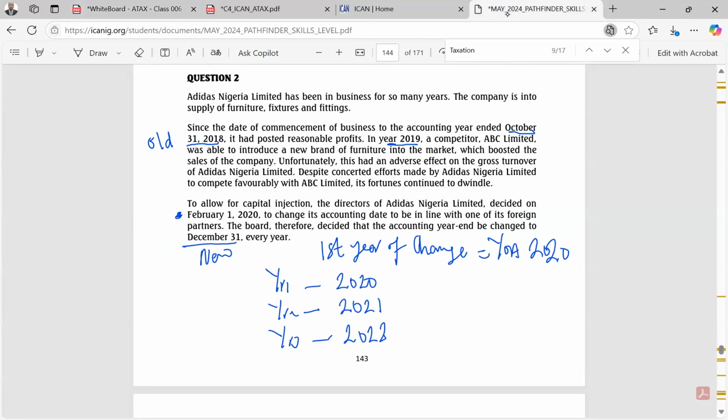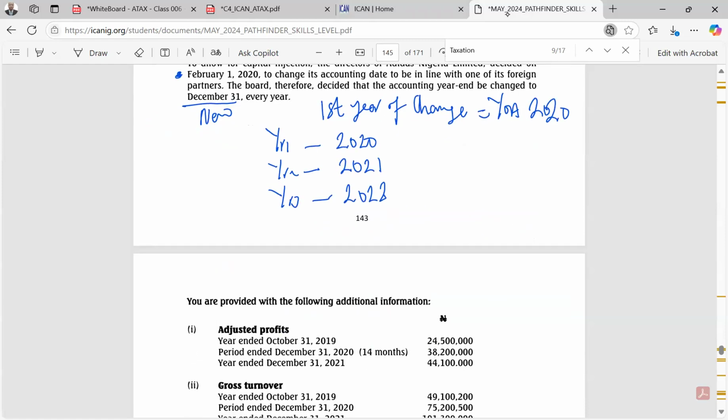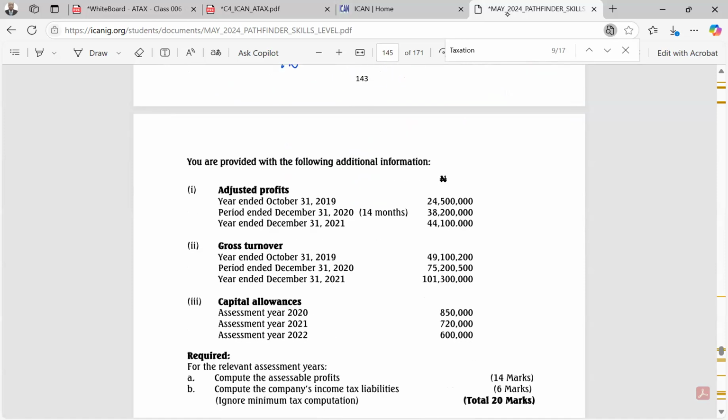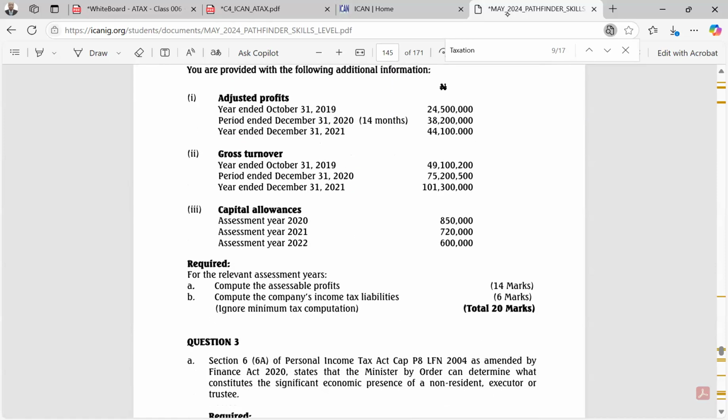Okay. Now, we are told that if we want to do a change of accounting date, it is required, for the relevant assessment years, to compute the assessable profits and compute the company income tax liability, ignoring minimum tax. So we'll come here.